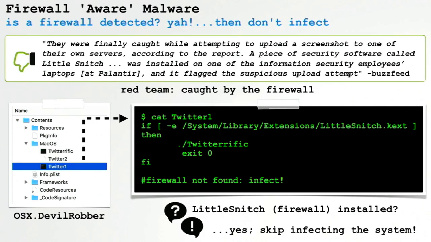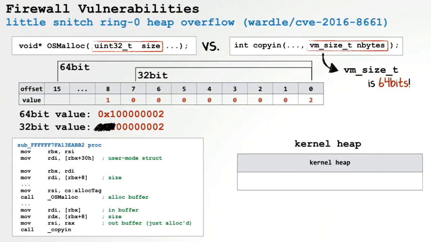Here is a snippet of code from one of its install scripts, and we can see what it's doing is it's checking for the presence of Little Snitch, which is a popular third-party firewall. If it finds that extension, instead of infecting the system persistently, it just executes a benign version of the application it infected and then exits. So the author of this malware basically said, hey, I don't want to be detected, so if there's a firewall, I'm just going to bail.